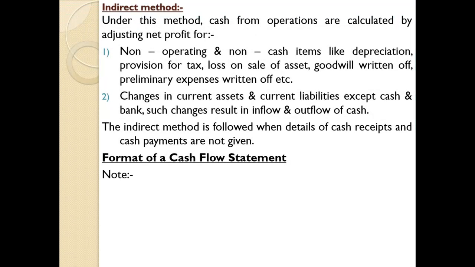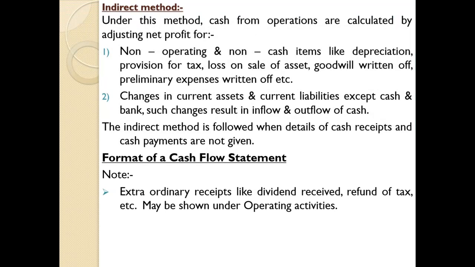And for the note, some extraordinary receipts like dividend received, refund of tax, etc. may be shown under operating activities. Previously I mentioned that dividend received is considered as an income from financing activity. And remember, the items stated in the note are usually given in the additional information part or adjustment part.